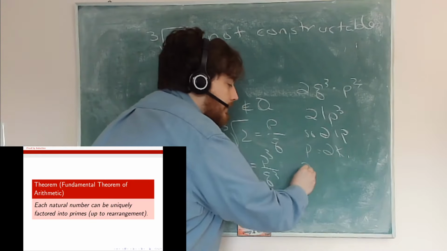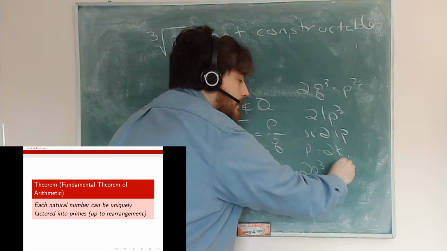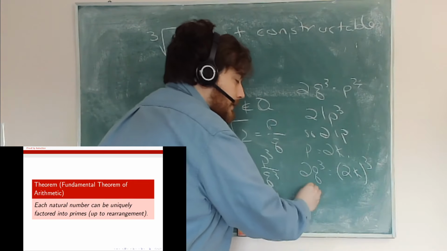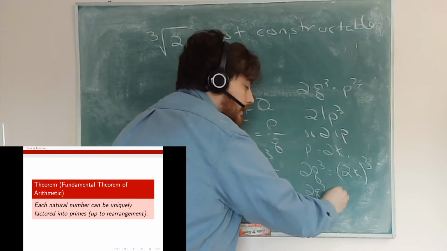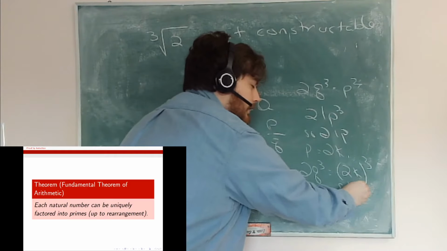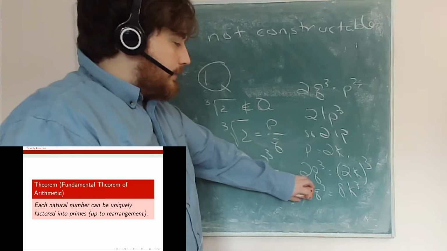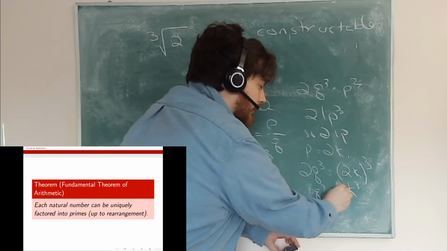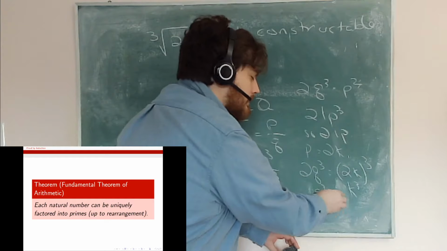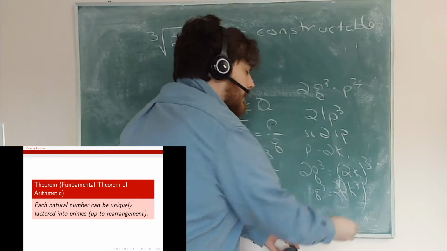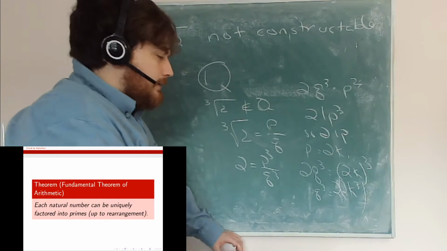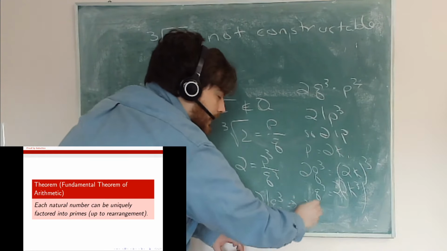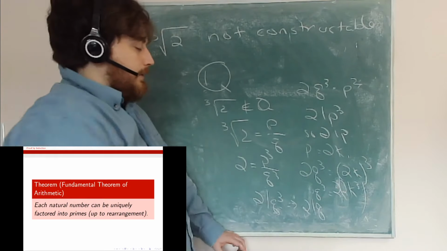Well, that means that 2q cubed was equal to (2k) cubed, which means that 2q cubed is equal to 8k cubed. And if I divide by 2, I get q cubed is 4k cubed, or 2 times 2k cubed. So what does that mean? Well, it means 2 divides q cubed. So 2 divides q for the same reason as it did before.